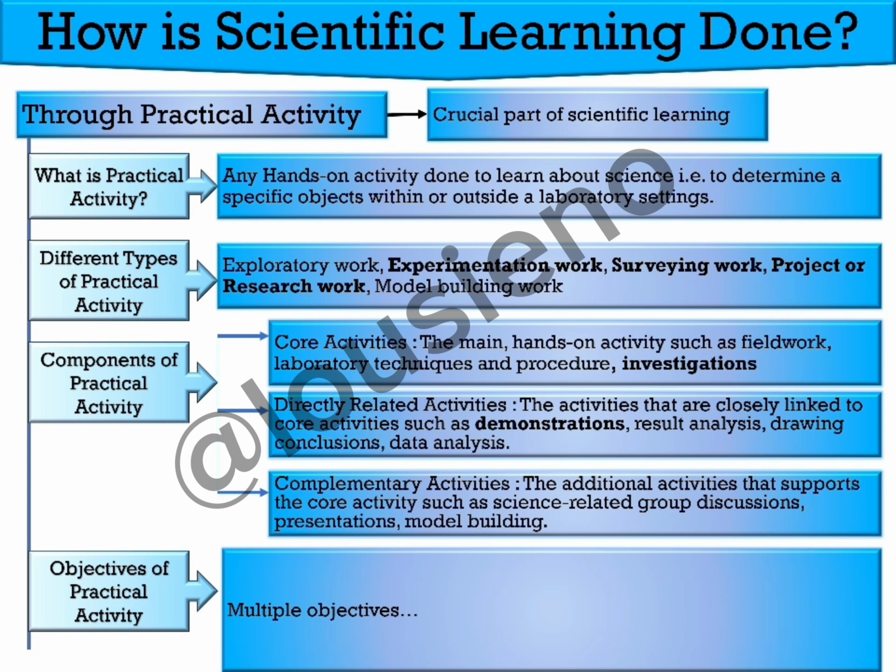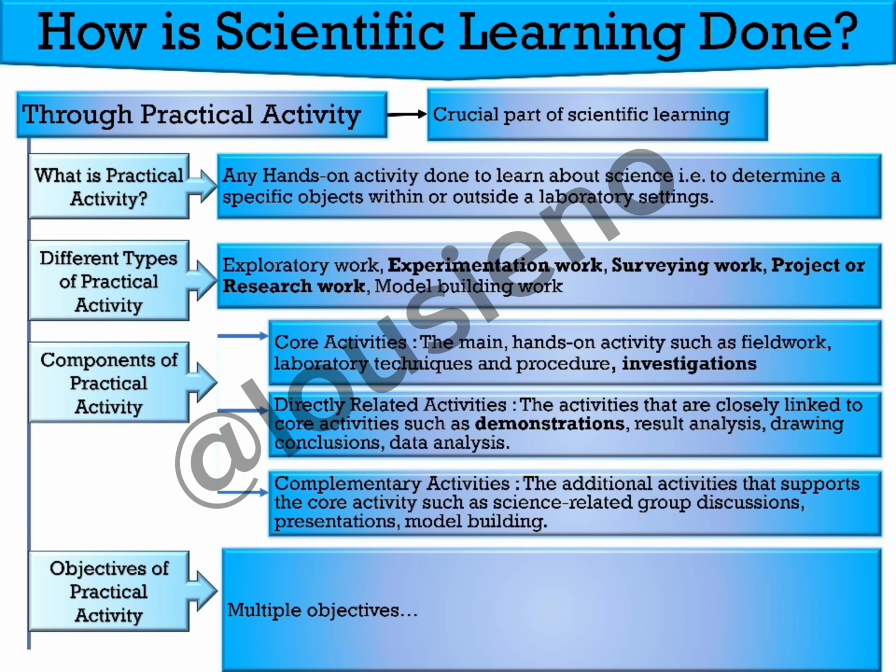Practical activity is composed of three components, that is, core activities, directly related activities, and complementary activities. What are core activities? The main hands-on activities such as fieldwork, laboratory techniques and procedures, and investigations are the core activities.